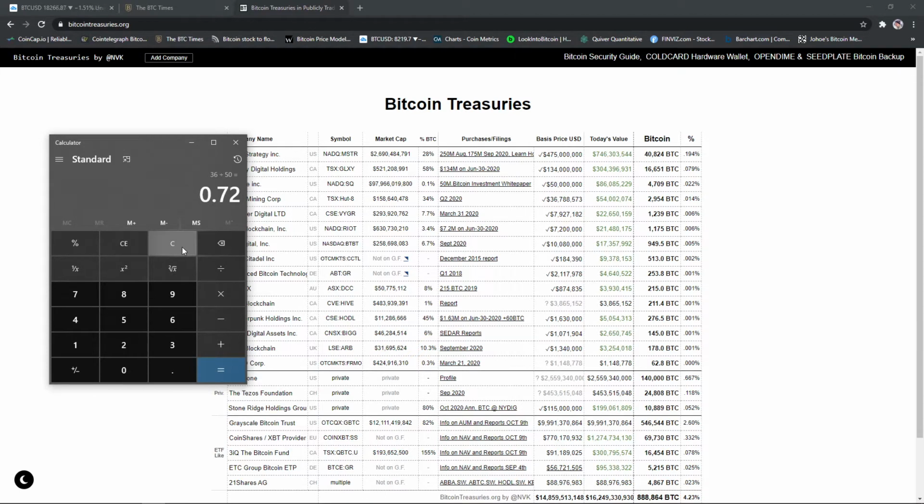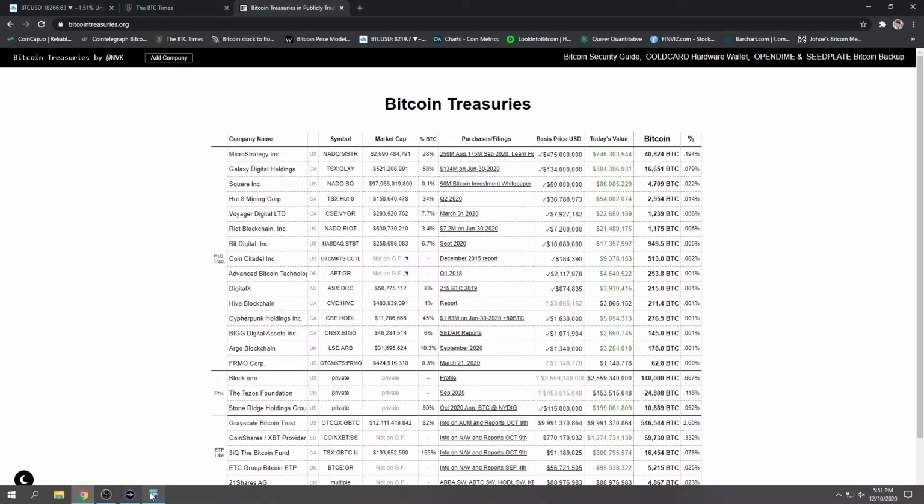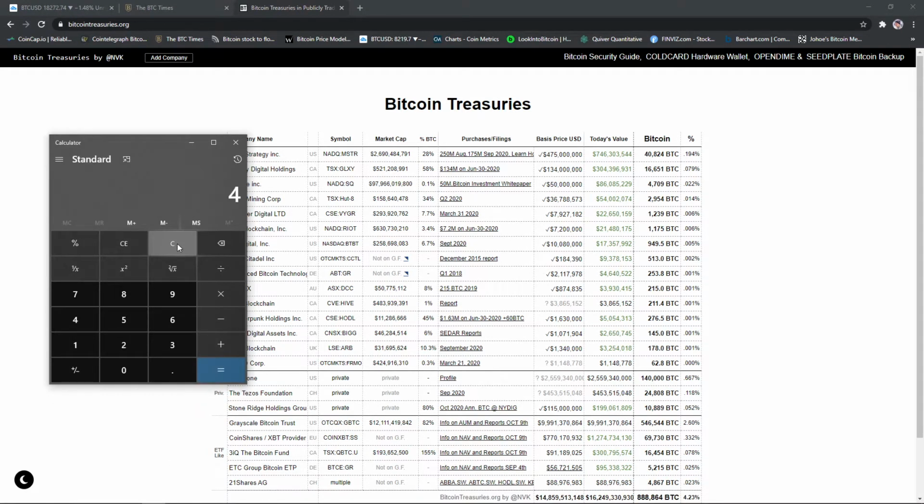Yeah, that might be the total Bitcoin supply. Let's see what that number is. Say 40,824. We'll take the top number, divided by 21 million, because that's what everyone goes off of. Yeah, that's what that is. That's the percentage of the total Bitcoin that they own. That's what I suspected it was.